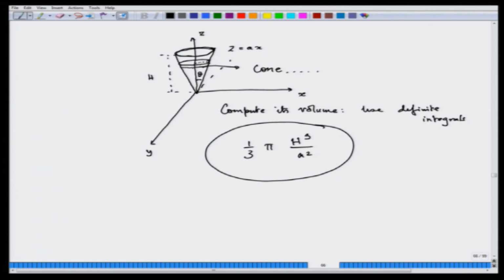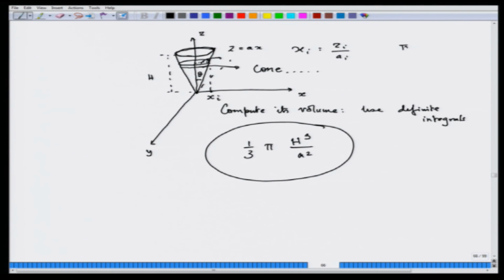So, you take zi and zi plus del zi, and then del zi into what should be the, so if you look at this, the radius is nothing but this distance xi. This radius is the distance xi at the height zi. So, the radius is obviously coming from this equation, xi equal to zi by a, and once you know that, what is the area?